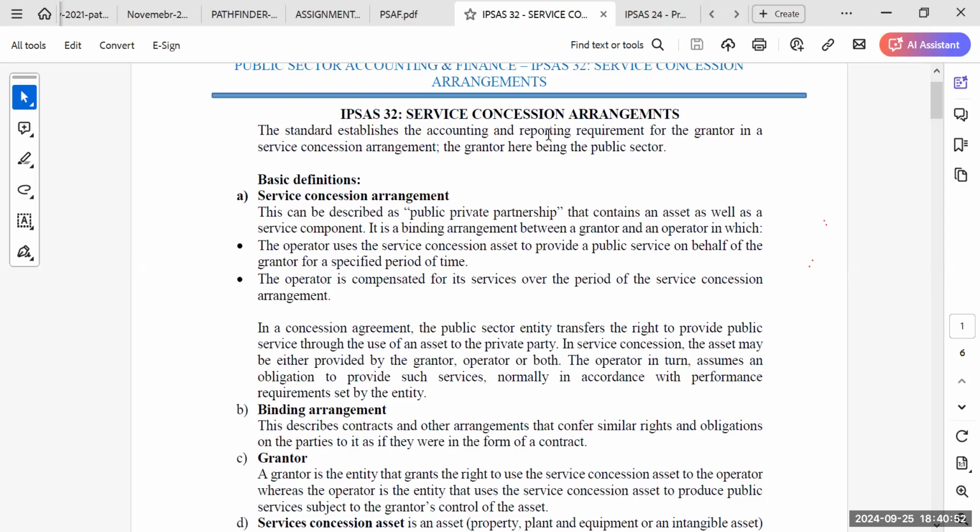So instead of the government constructing a hostel or a hall for University of Ghana, they can engage a private individual to construct the hall and run it for a particular period and hand it over to the government. That's also a way of raising funds, and they have now sent it to financial management.